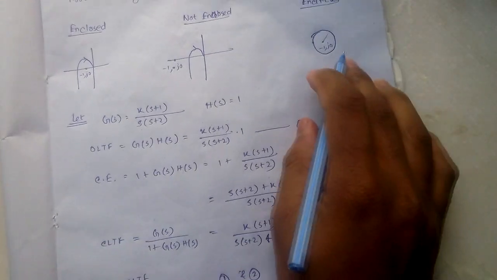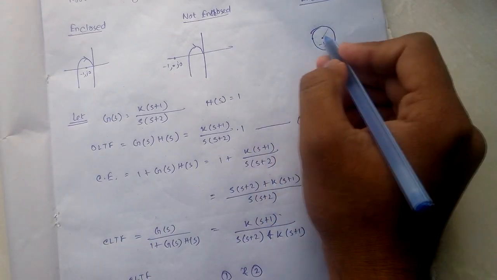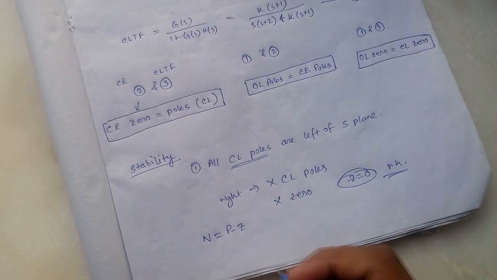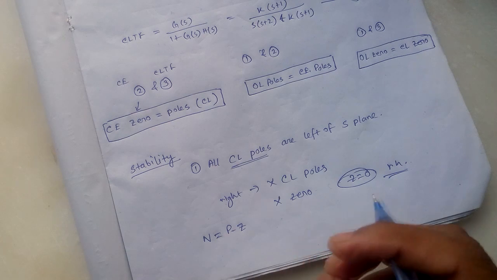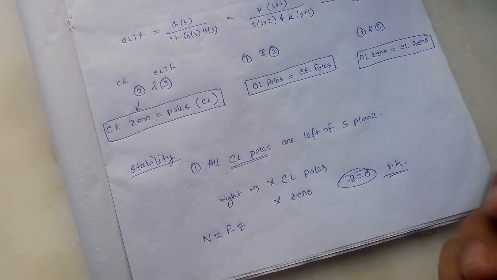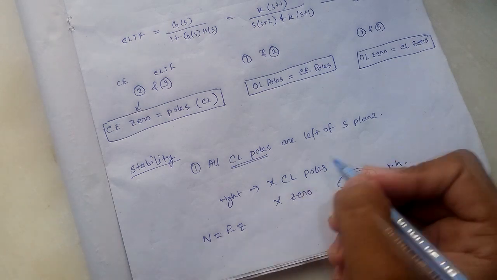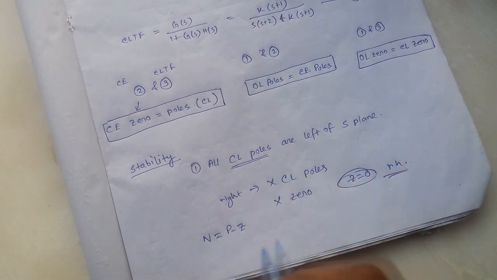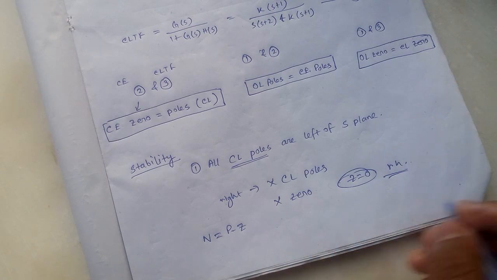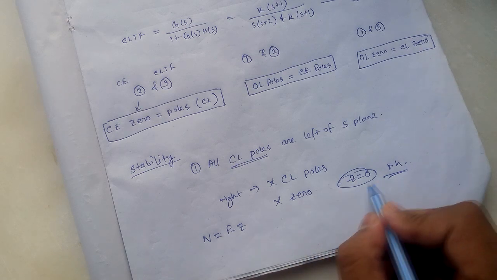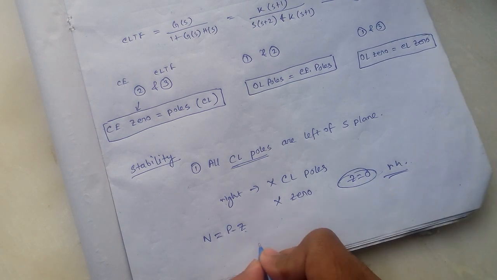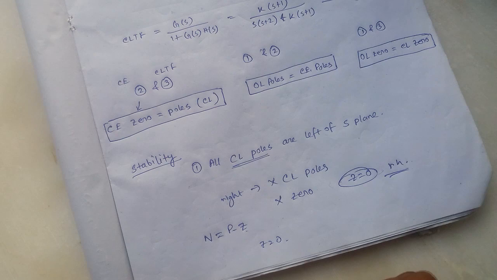What I have told, encirclement of point minus 1 j0, that is N. And P is the characteristics equation poles or open loop poles in the right hand side. And what is Z? Z is the characteristics equation zeros at the right hand side. So for stability, zeros at the right hand side will be 0. That means Z will be 0 for stability.